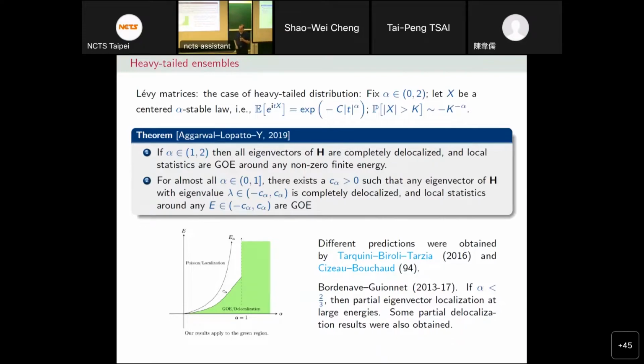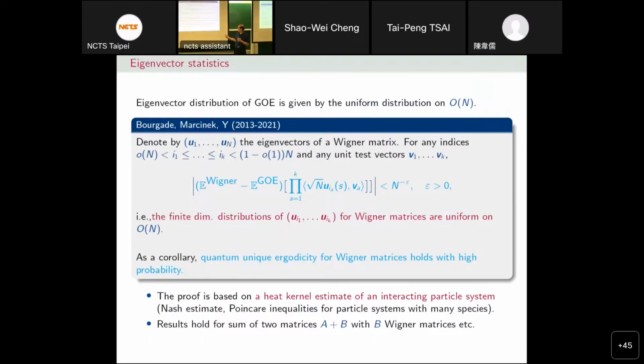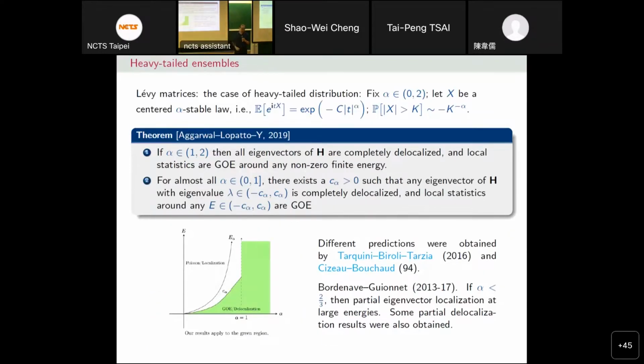And especially, this means the probability distribution of the matrix elements can be completely arbitrary. You just need a first moment. When the random variable has a first moment, it can be almost anything.